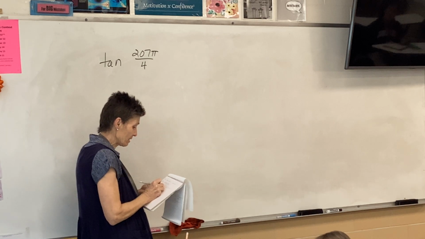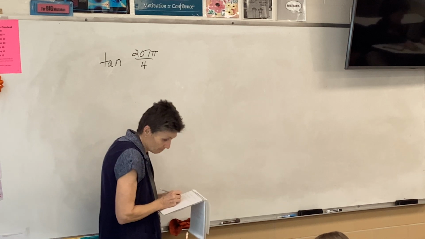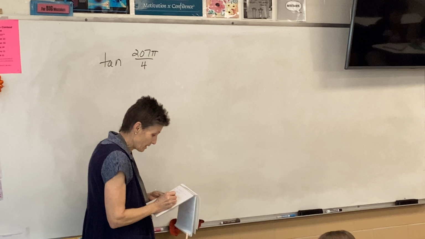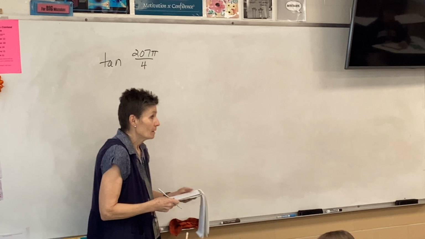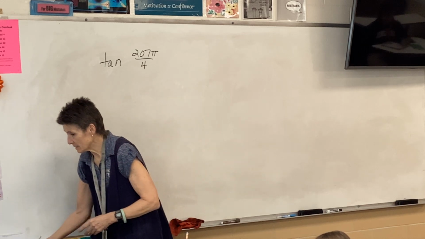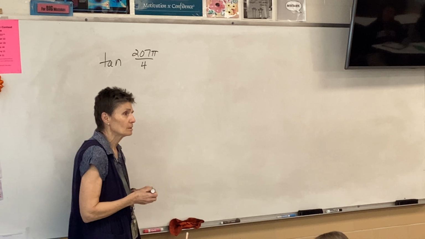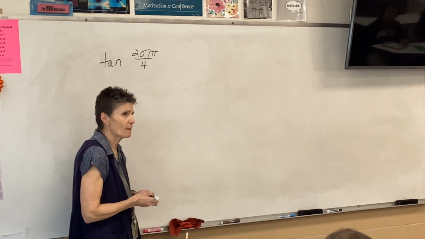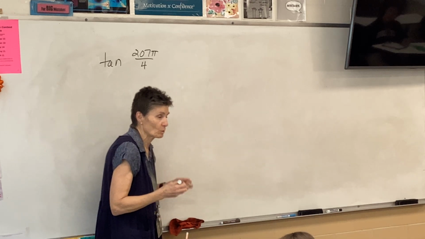Alright, any thoughts on this? This is a review problem. Any thoughts on how we do this? It's definitely going to be a circle. We're going to look at a circle for sure. But this angle is huge. Normally we're doing like 3 pi over 4 or something.